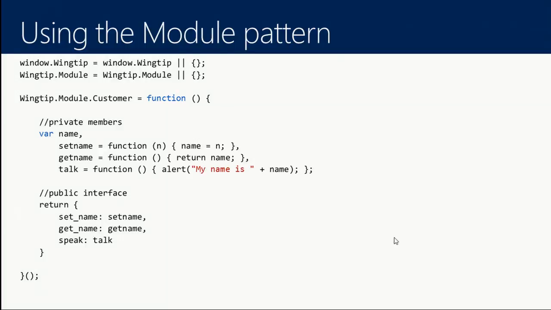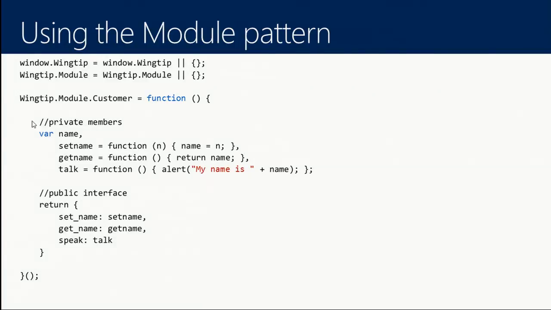The next is the module pattern. We talked about this in the previous session a lot, which is the module pattern is a self-invoking function. A self-invoking function we can tell because it has the little parentheses down here at the bottom, which means the function is being invoked and returned into wingtip.customer. The advantage of the module pattern is it gives you public and private members of the module so that you can hide your code like the variable name, and you can have getters and setters like getName and setName.